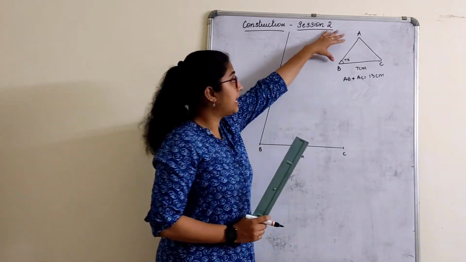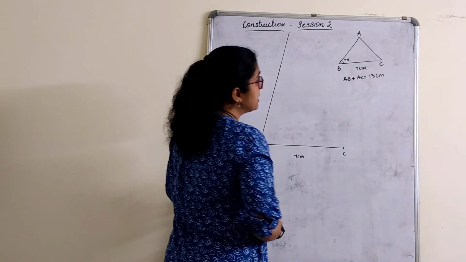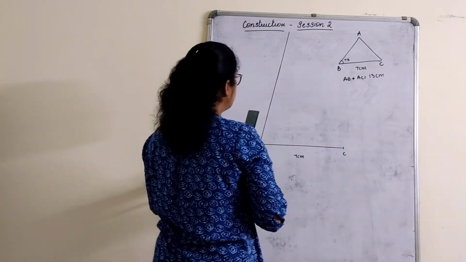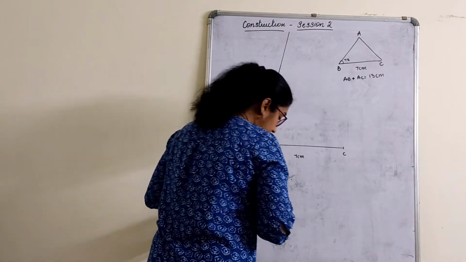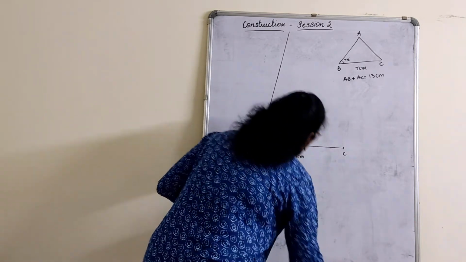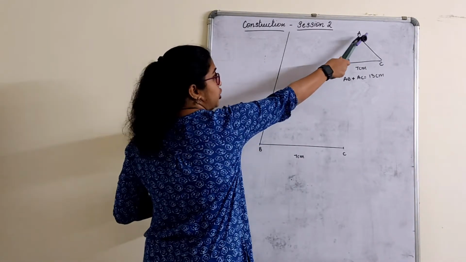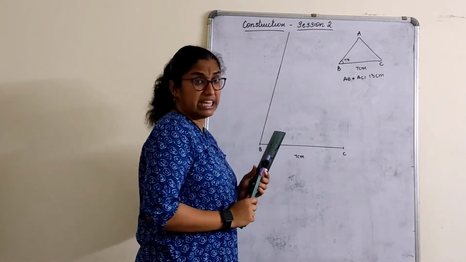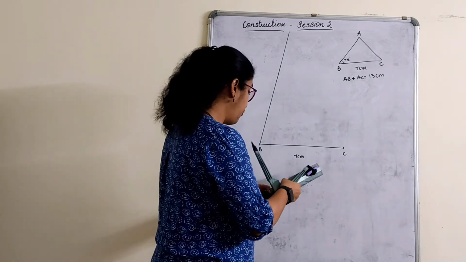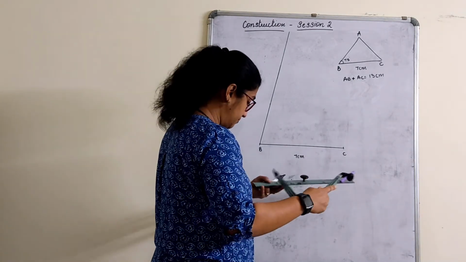But they have given that AB plus AC is 13 centimeter. So now what we have to do here is cut it for 13 centimeter. So now we will cut the line, actually not A, but the line segment, for 13 centimeter.